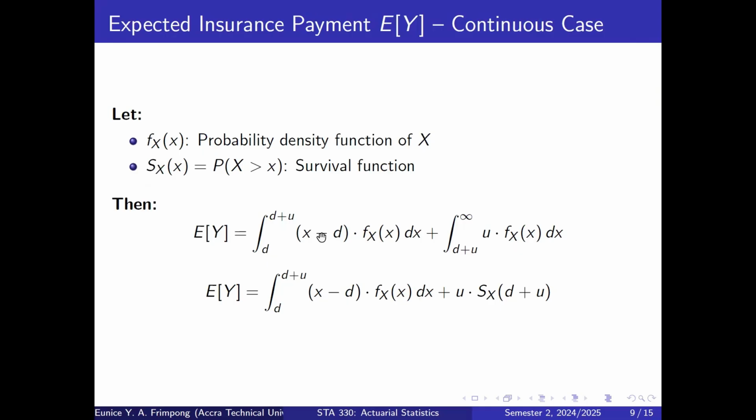So the loss either falls between D and D plus U, or the loss is more than D plus U in this case. So remember, when the loss is less than D, Y is equal to 0.